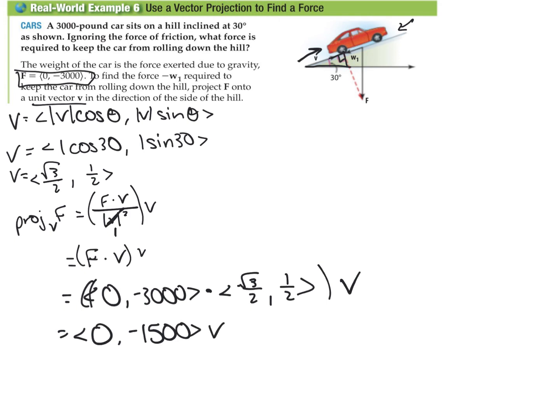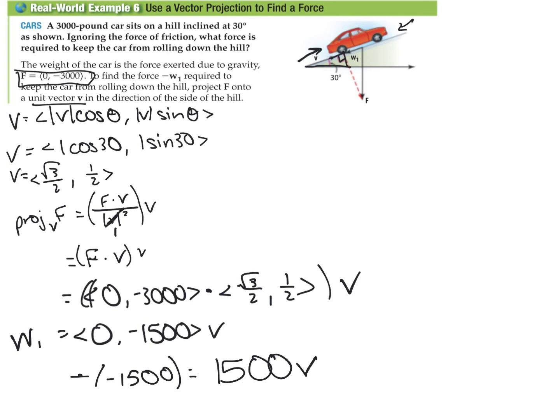So the force required is, this tells us our projection of F onto v, which is our W1, if you guys remember. We need to look at our negative W1 because we need that opposite force. So that means we're going to be looking at negative 1,500, which is just 1,500 v.